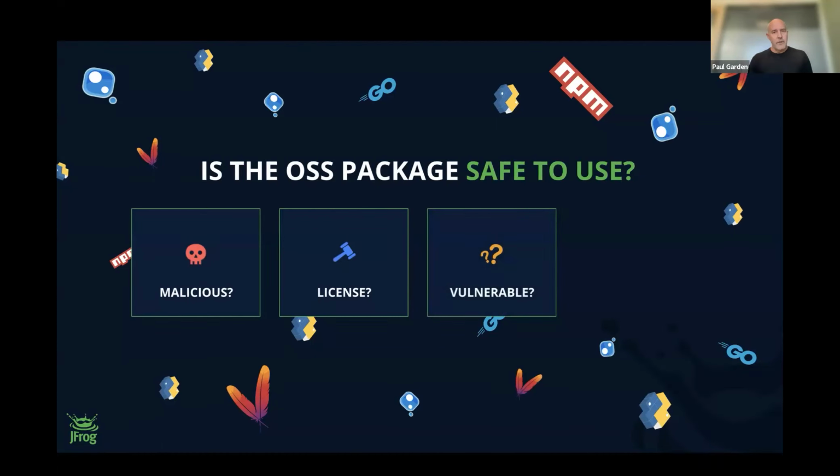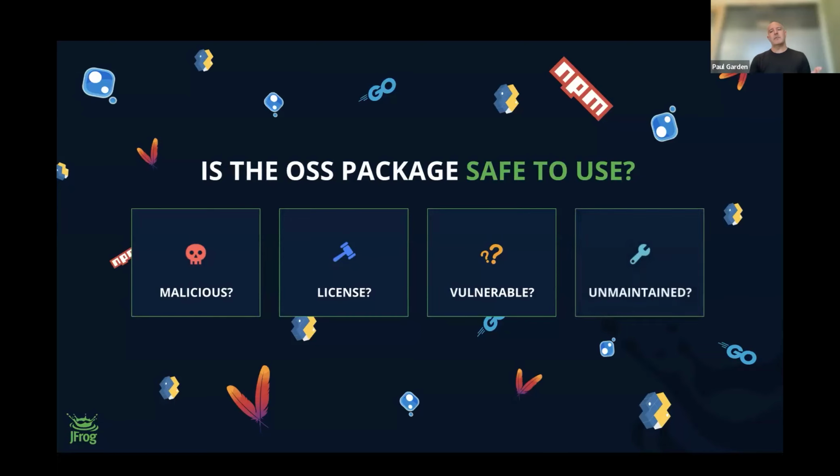Then, very familiar to everybody, will be vulnerabilities. You can elect to keep out things that have critical or very high severity CVEs, so you don't even bring those into the organization. You can find a newer version of that package that's maybe not vulnerable. So that's another thing that we can look for.